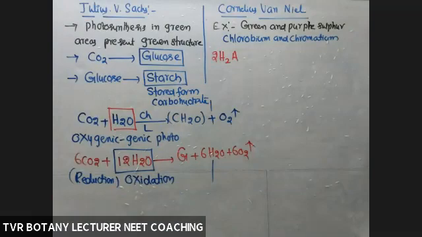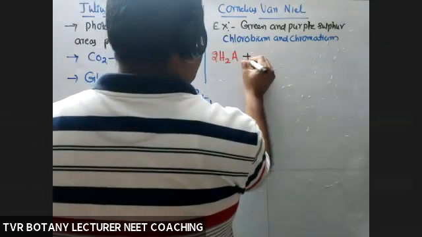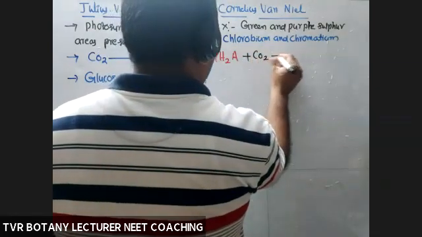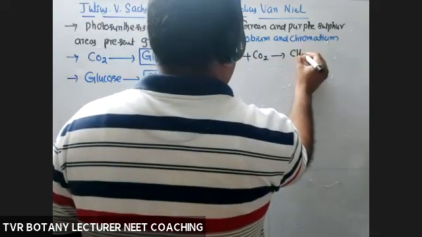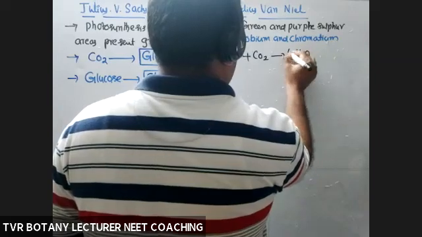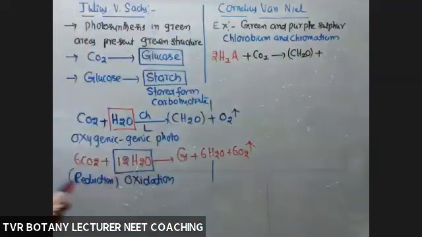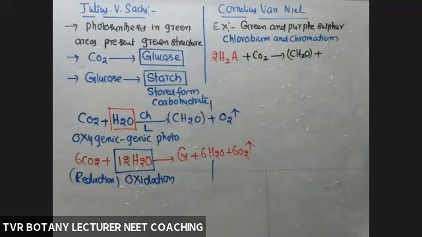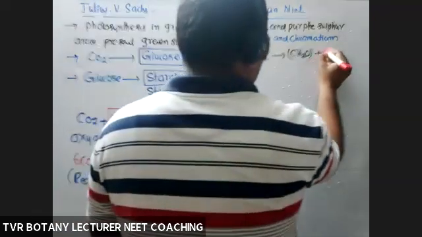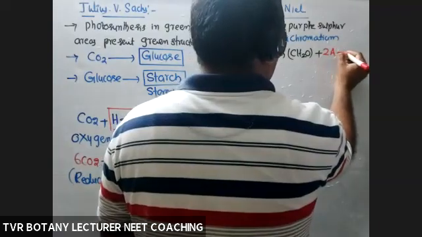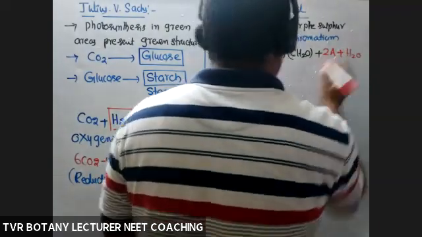It took a molecule which is able to reduce CO2 into carbohydrate, CH2O carbohydrate, unbalanced. Empirical only, not balanced one. CH2O and 2A plus H2O.